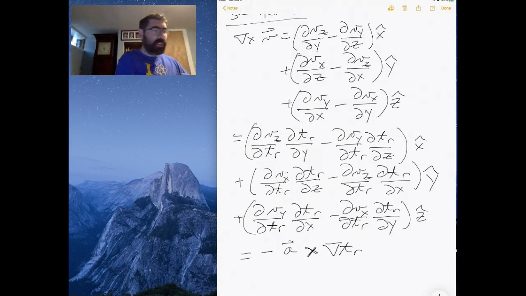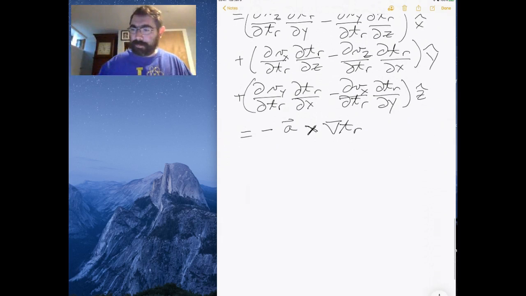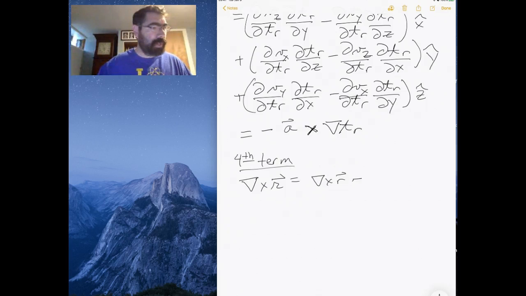Okay. So we have one more term to go, but I think I'm going to stop here. Well, I'm sorry, no, I can do one last term. If I look at the fourth term, it has in it the curl of r minus the curl of w.